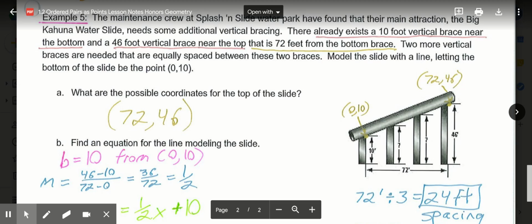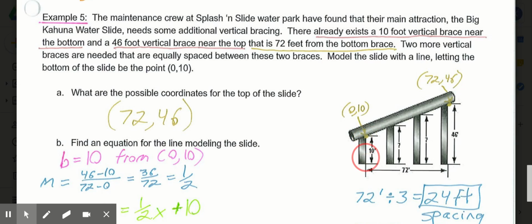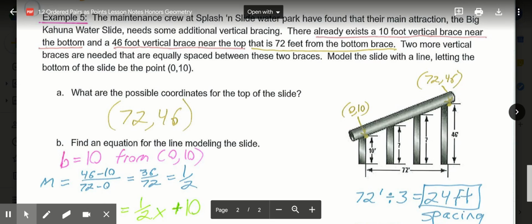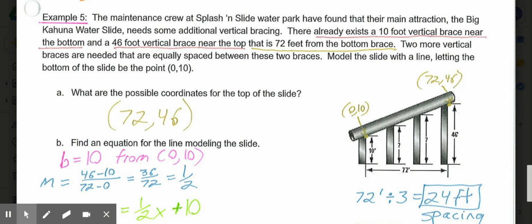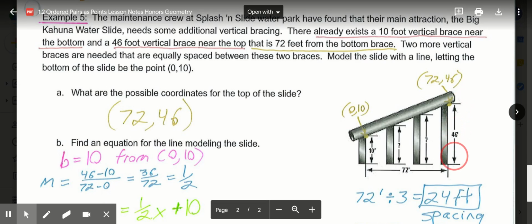Then they give us some information. There already exists a 10-foot vertical brace near the bottom. So we know this vertical brace near the bottom is 10 feet. And a 46-foot vertical brace near the top. So here is our 46-foot vertical brace near the top.